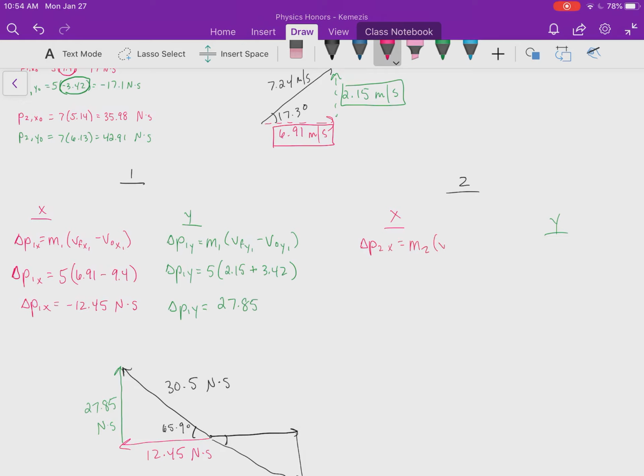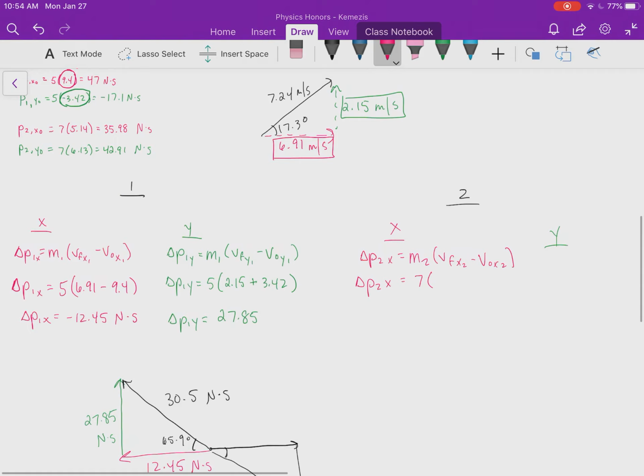So we're doing P2x is equal to M2 times VFx2 minus V naught x2. M2 was 7. Remember, the VF is that 6.91 because it's the same object as the first one, but the velocity initial was 5.14. And again, I found that from over here.